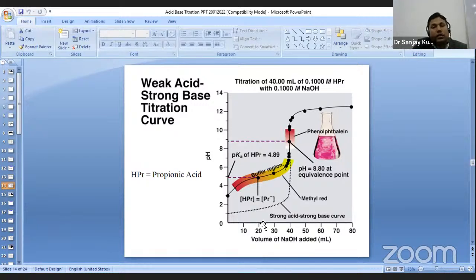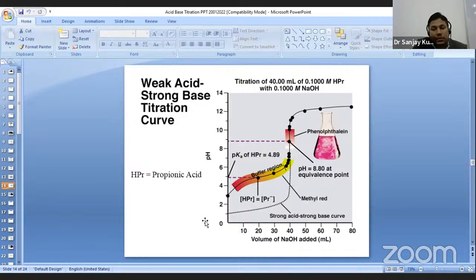So the pH will increase beyond 7, to 8.8 at the equivalence point.